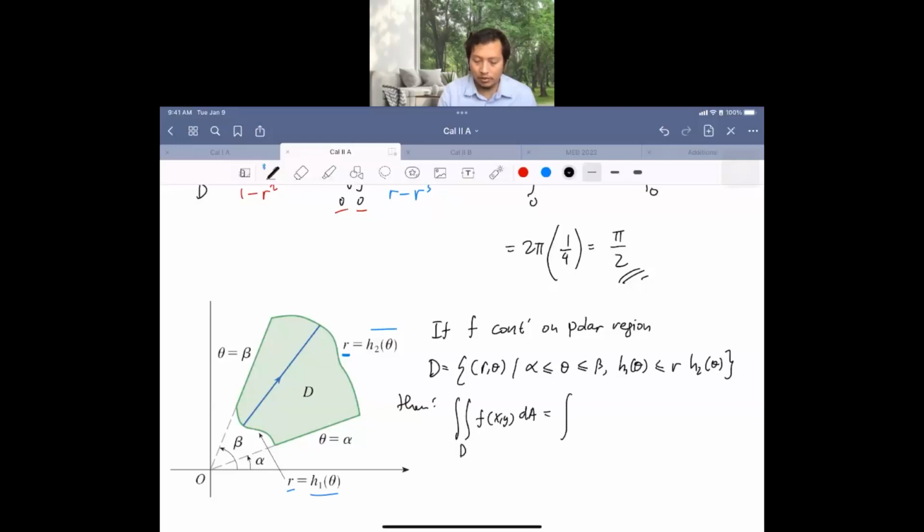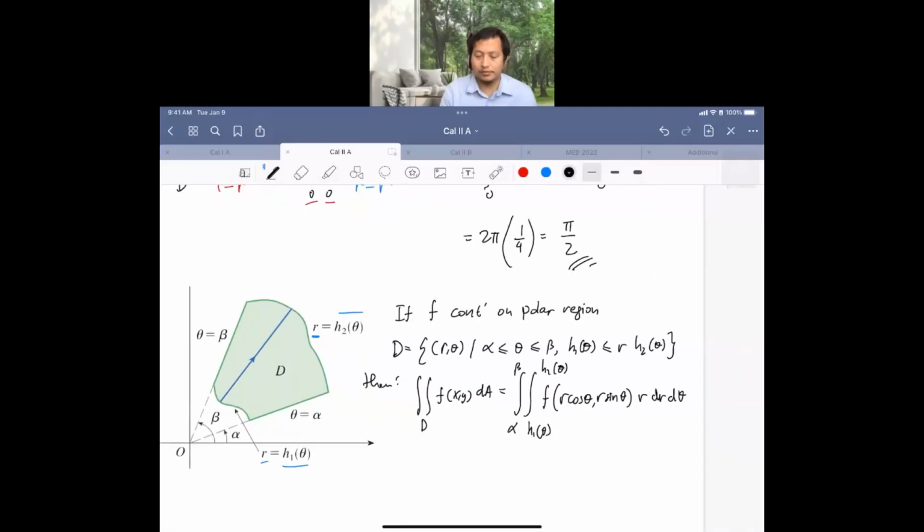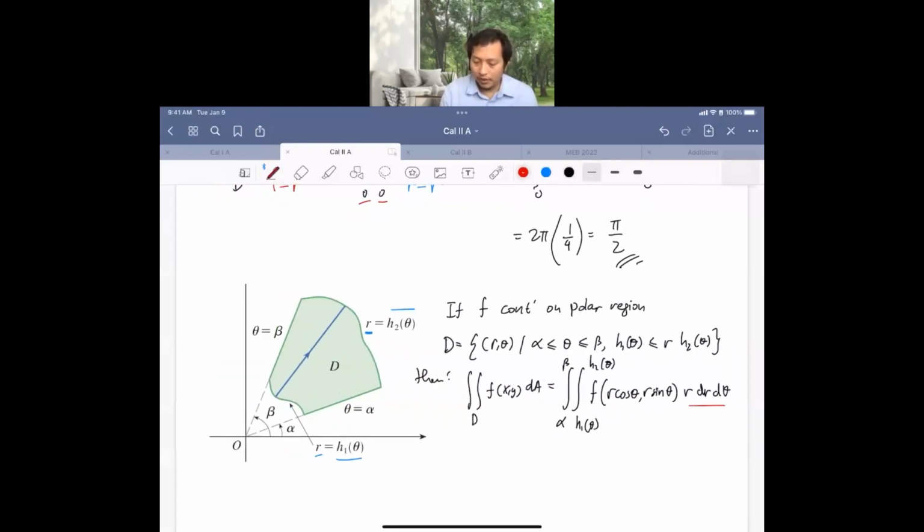This will equal the integral from alpha to beta, from h1(theta) to h2(theta), of f(r cosine theta, r sine theta) r dr d theta. So it should be written as it is; r dr d theta is always written in order.